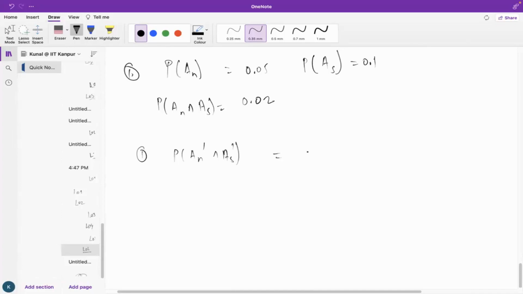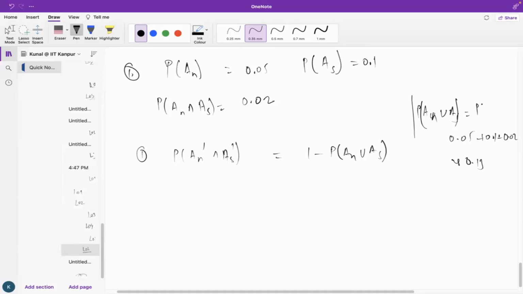So it will be 1 minus probability of AN union AS, meaning at least one of them passes. How do we calculate AN union AS? It can be calculated as 0.05 plus 0.1 minus 0.02, which is 0.13.